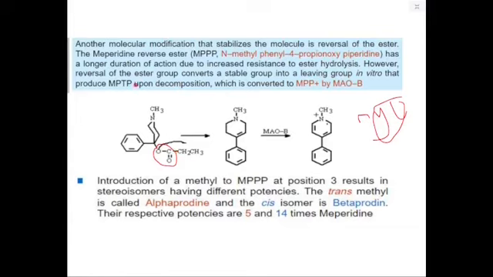But unfortunately, the ester group converts a stable group into a leaving group in vitro, not in vivo, that produces MPTP. When you talk about MPTP, it should be the same N-methyl phenyl, but now this becomes tetrahydropyridine.